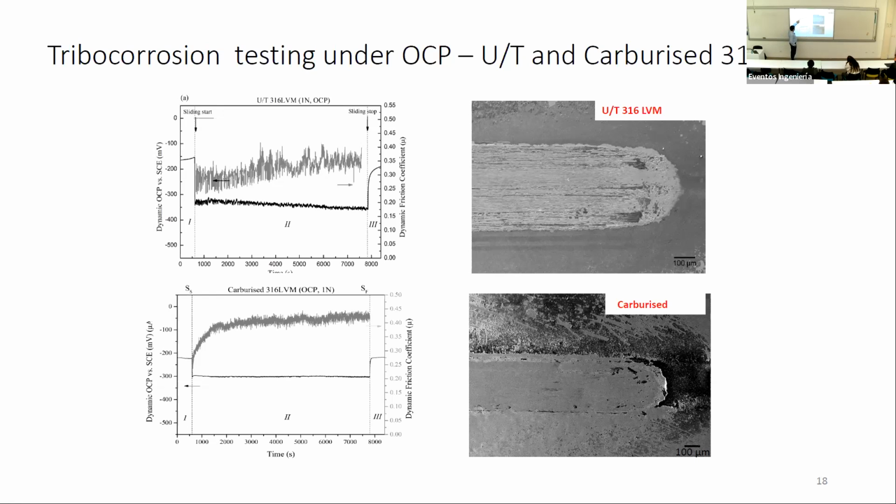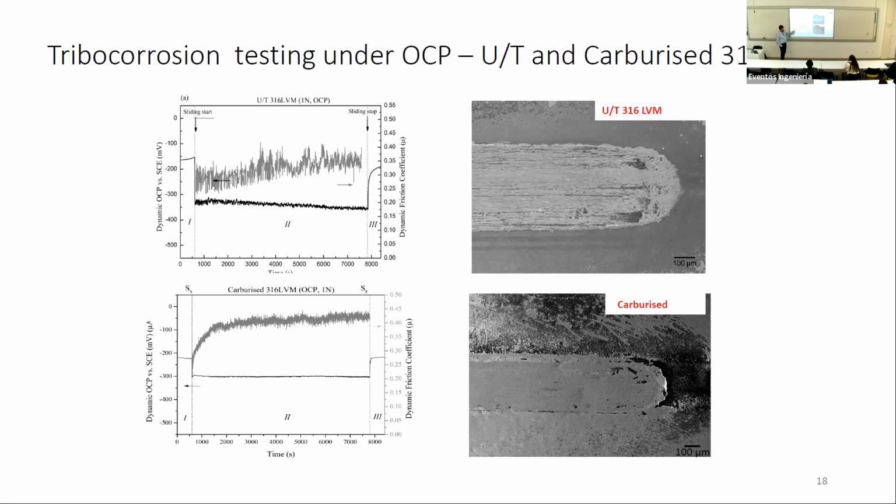We're seeing these repeated fluctuations here and quite a significant drop in open circuit potential, showing that the passive film, which forms on the surface, is being continuously formed and being damaged. So definitely we're getting a lot of synergy, corrosion due to wear, and we are also getting a lot of wear due to corrosion.